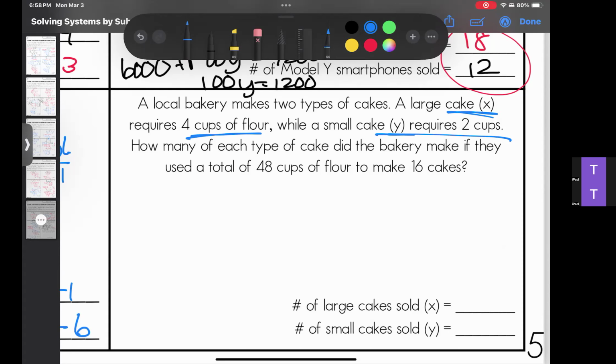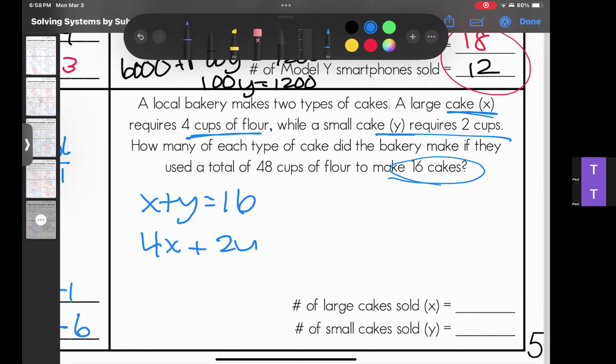So if they made 16 cakes in total, that means X plus Y is equal to 16, right? That's our total. And then for flour, it would be 4X plus 2Y is equal to 48. Again, not terrible.